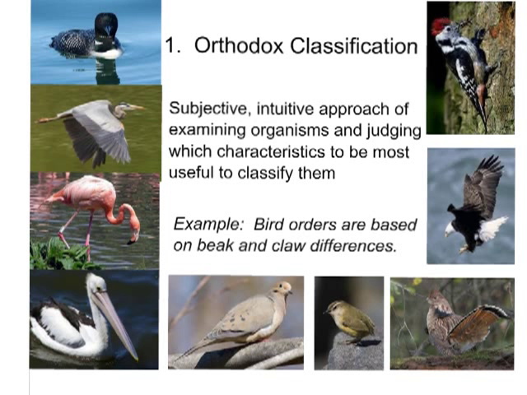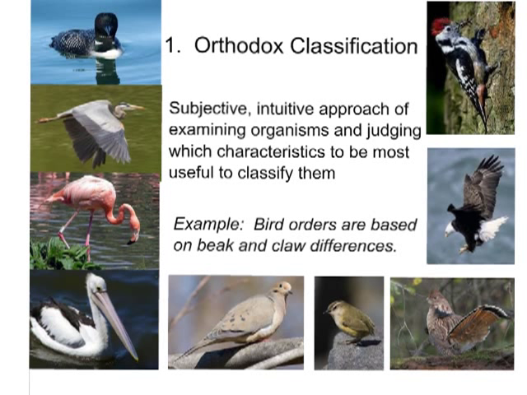So let's look at first the Orthodox classification method. And when we talk about Orthodox classification, basically what we mean is that we're using subjective and intuitive approaches to examine organisms, and we have to judge which characteristics are the most useful in order to classify them. So are we going to use the beak?